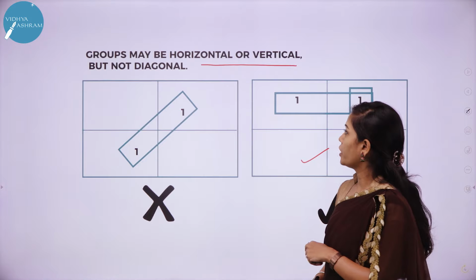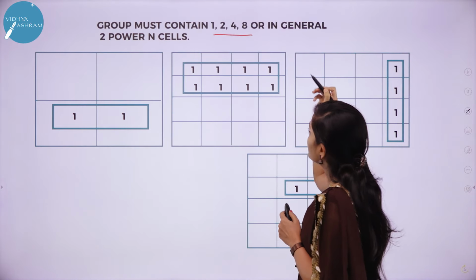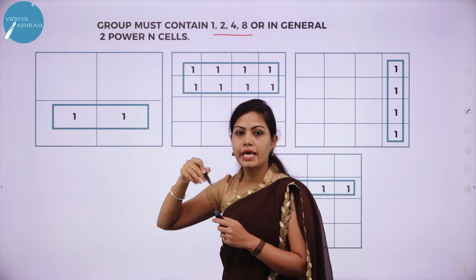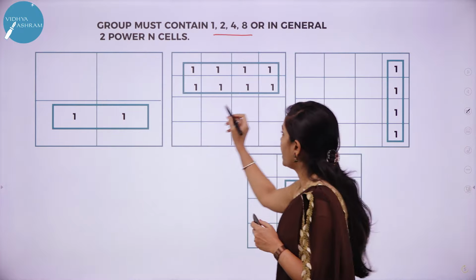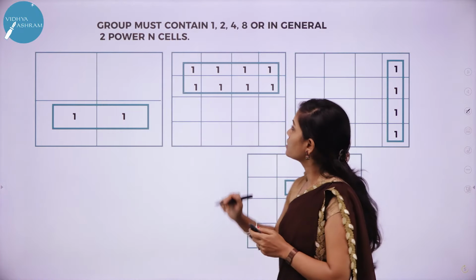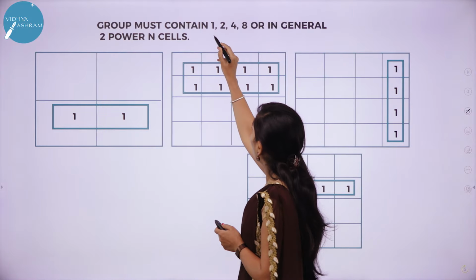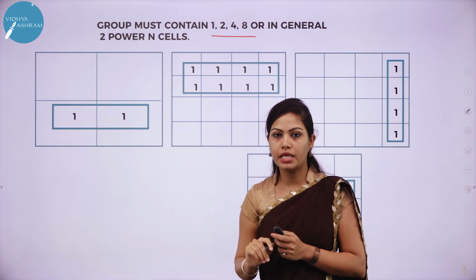Clear? Next point, a group must contain 1, 2, 4, 8 or in general 2 power n cells. You can pair 2 cells and this is an octet. So the next rule is the group must contain 1, 2, 4, 8 or in general 2 power n cells.